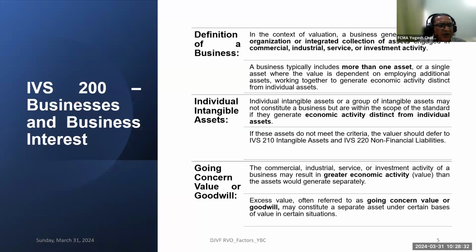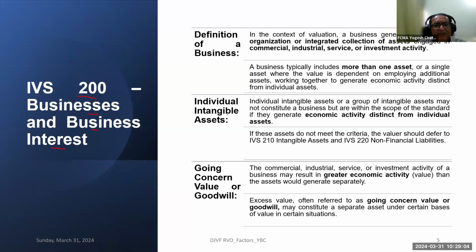IVS 200 is on a business and business interests. So what is the meaning of business? When we are doing the valuation of an entire business, or when we are doing the valuation of equity, equity will first need the valuation of the business, and only then can we determine the value of equity.